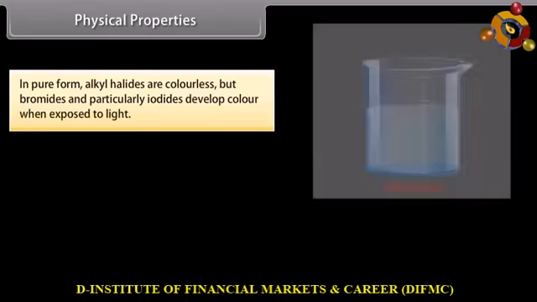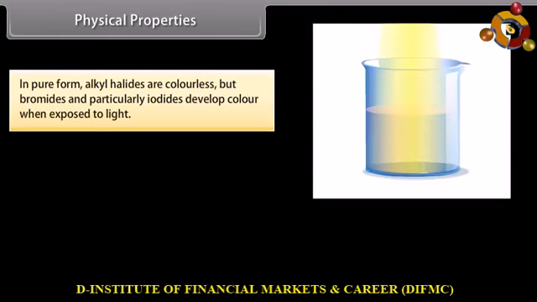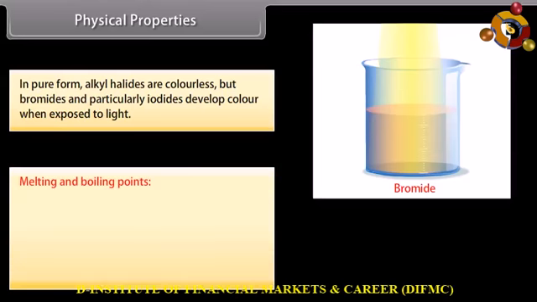Physical properties. In pure form, the alkyl halides are colorless, and bromides, and particularly iodides, develop color when exposed to light. Melting and boiling points.